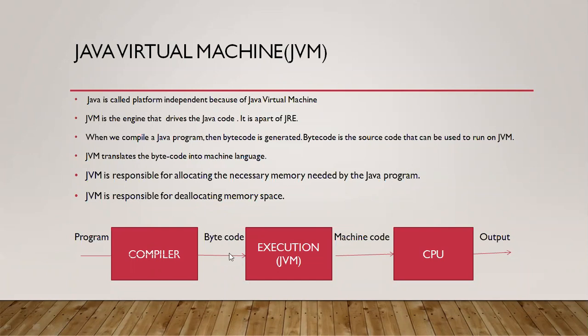Next, this addition.class file is sent to the execution unit, which means the Java Virtual Machine. This JVM will translate this bytecode, the .class file, into machine code, which means zeros and ones code.